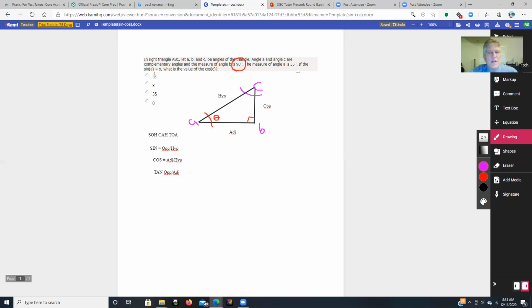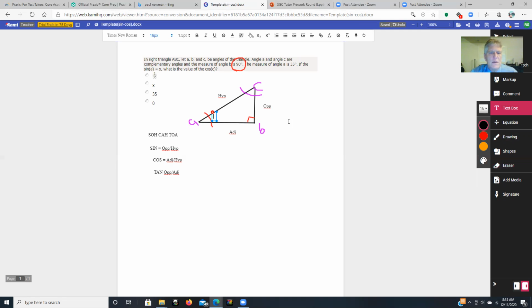These two are complementary. This one is 90. So they're saying that the measure of the angle is 35 degrees. So let's go ahead and put that in. And just so you can read it, I'm going to put in here 35 degrees, which makes this one what?